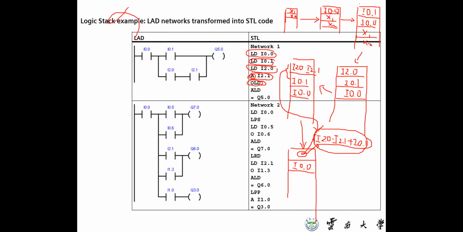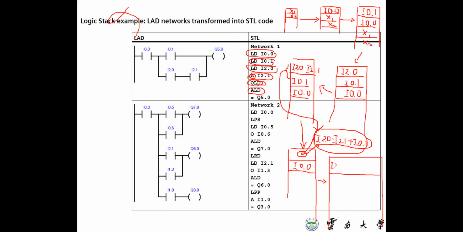And can you tell me when we do this one, this stack will change to what? It will change to what? It will add the top two. The top stack is what?